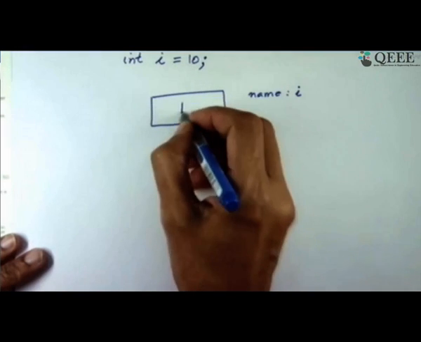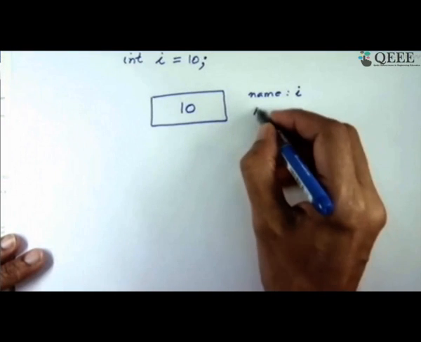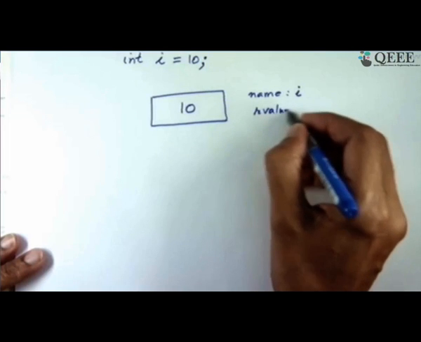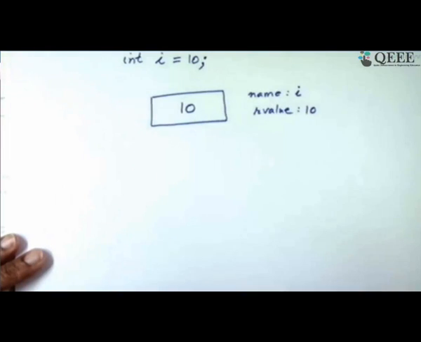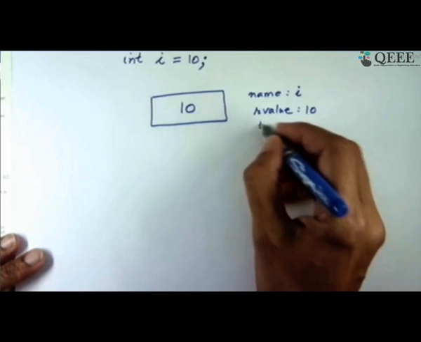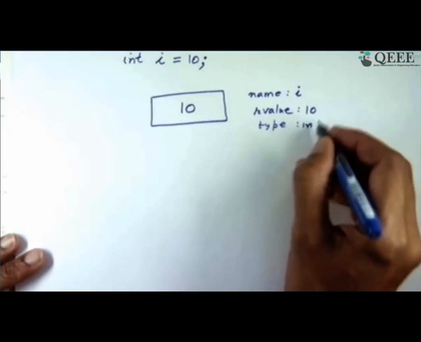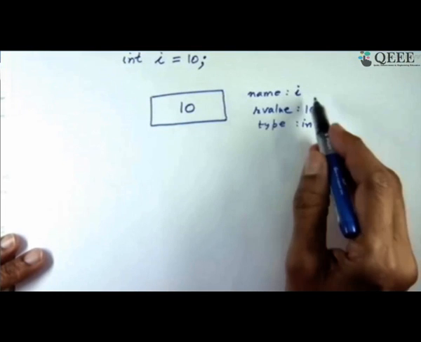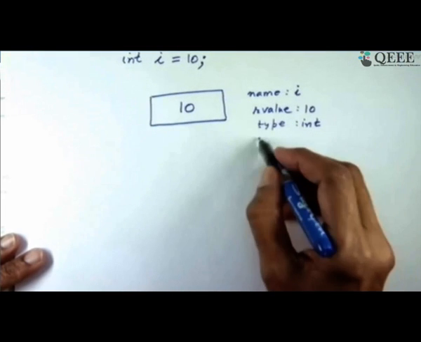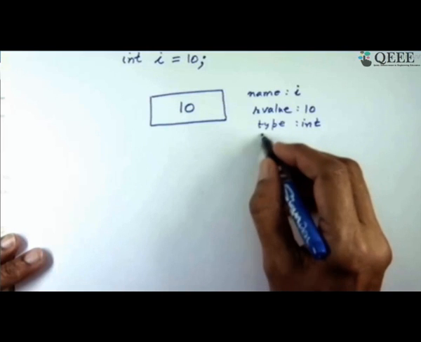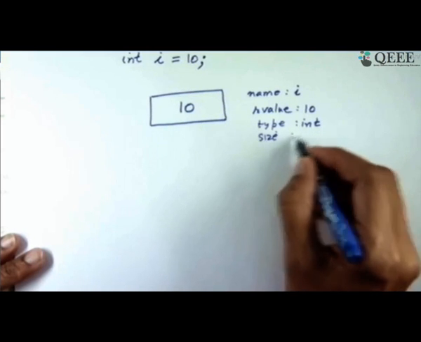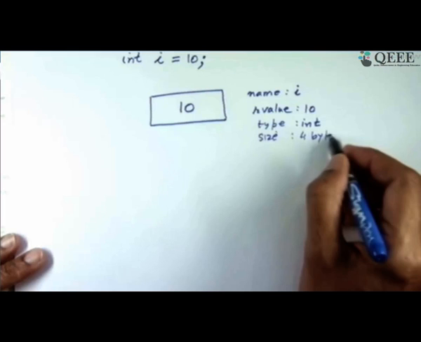A value 10 has been put. 10 is the R value attribute of i. So the R value is 10. The type attribute, since you have defined it, is int, so we'll note down that the type of this entity is int. Space, or the size: I'm assuming int is 4 bytes, so 4 bytes is assumed.